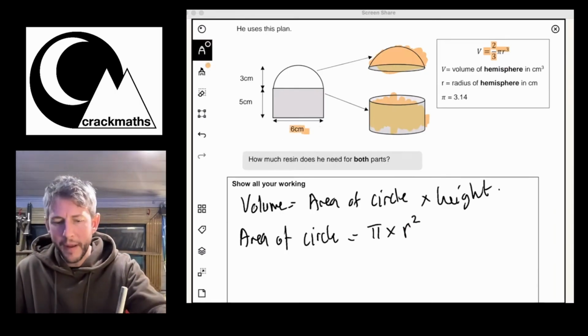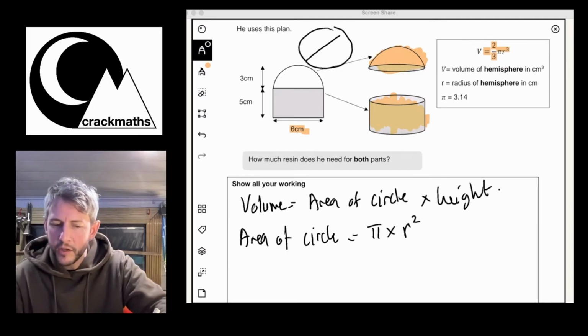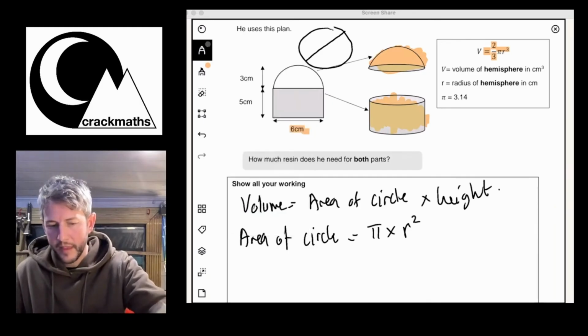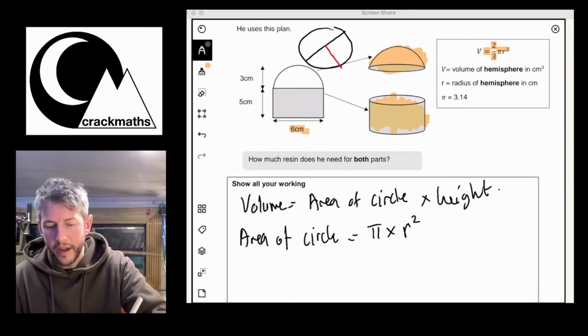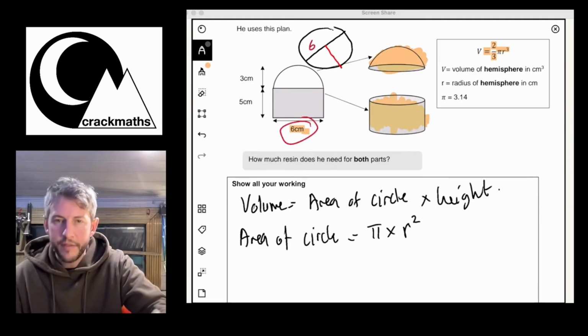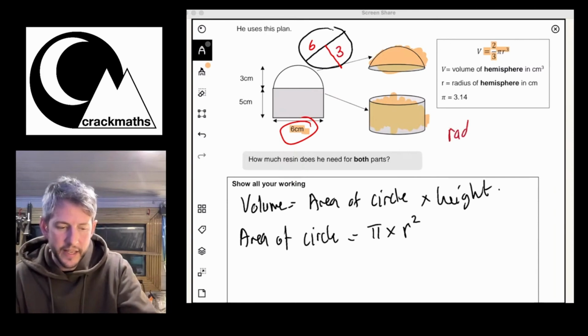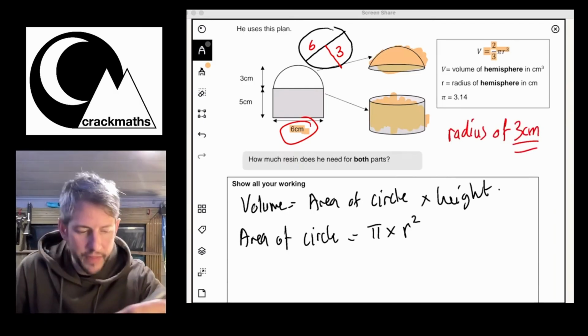So if we remember about circles, if I've got a circle here, the diameter goes all the way across, and then the radius is half of that. So if this measurement all the way across is 6, then the half measurement is going to be 3. So we've got a radius of 3 there.